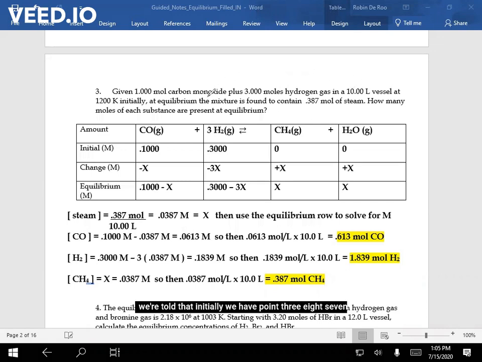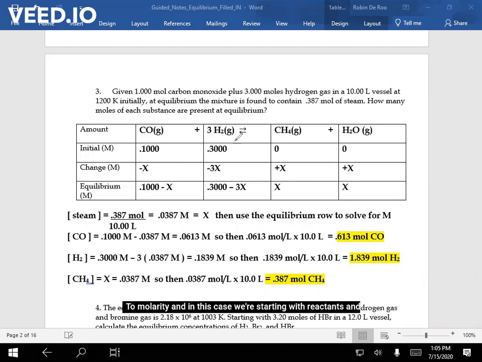And we're told that initially we have 0.387 moles of steam. We're going to convert our moles of carbon monoxide to molarity and our moles of hydrogen gas to molarity.